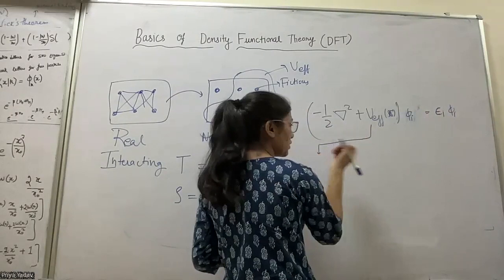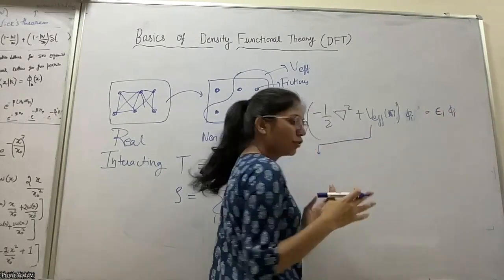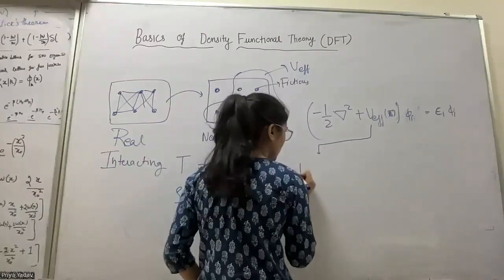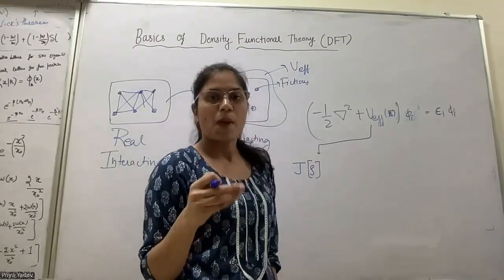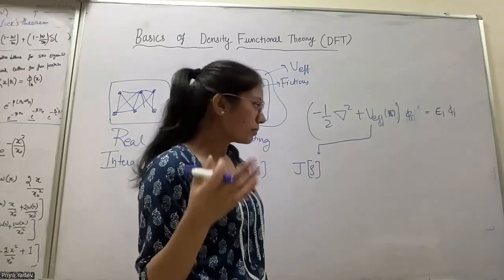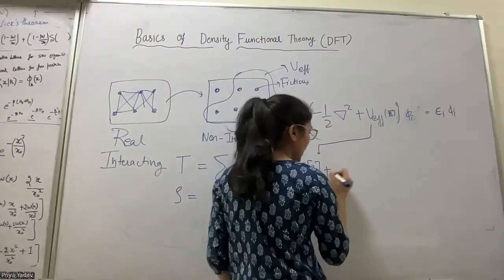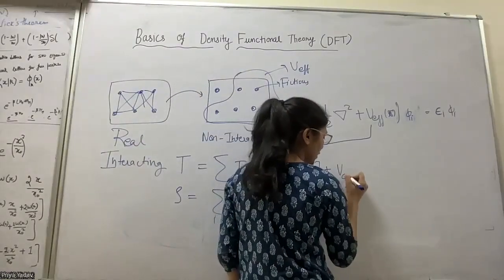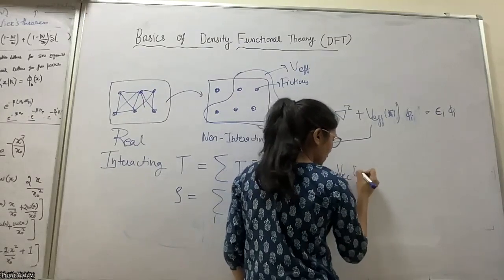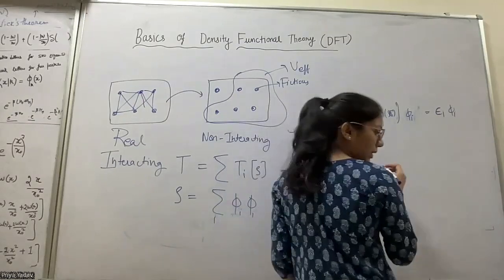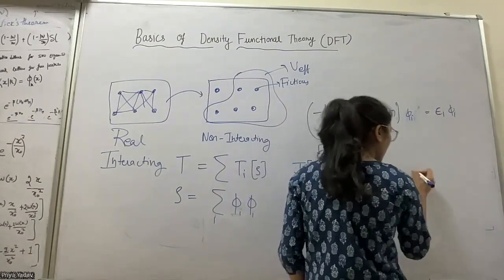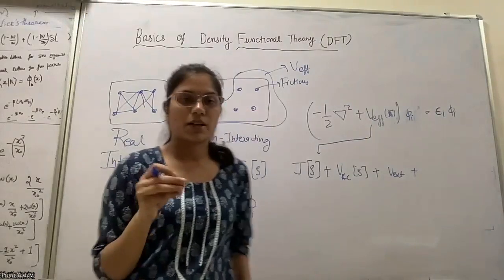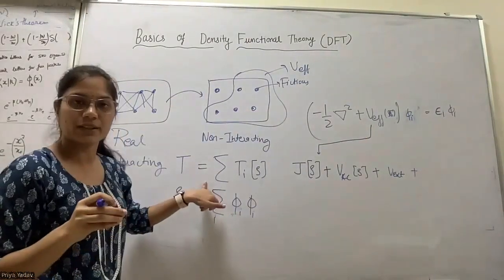Now see what this V effective part is full of, right? So this has, as I told, J rho, which means the electrostatic electron repulsion part, which is the classical part, plus it has V exchange as a function of rho, plus it has this V external part, plus there is, this is not the true kinetic energy, right?